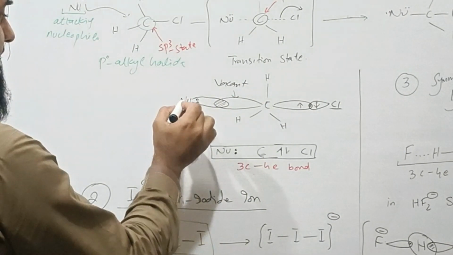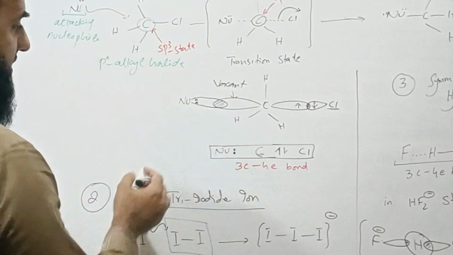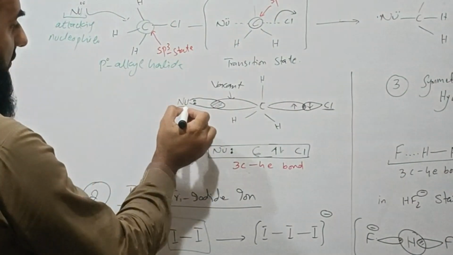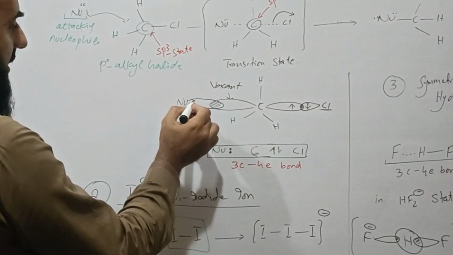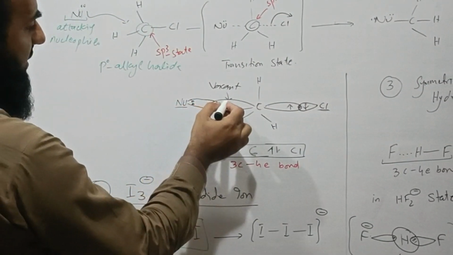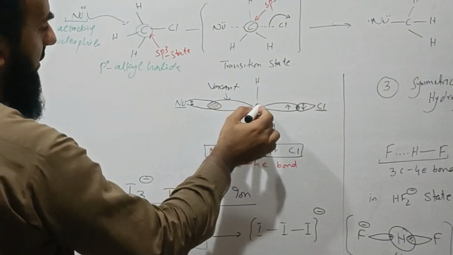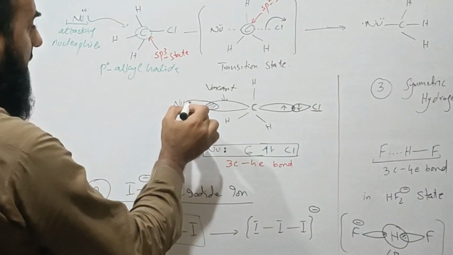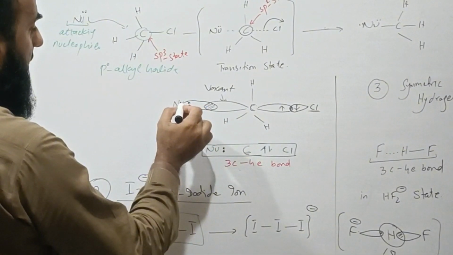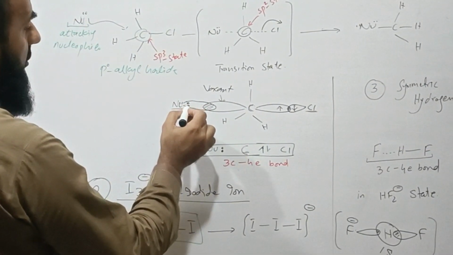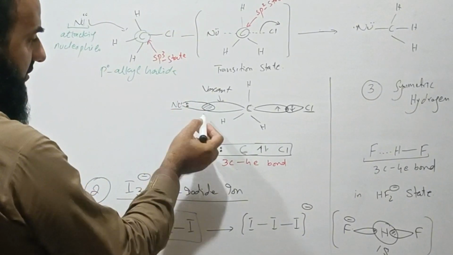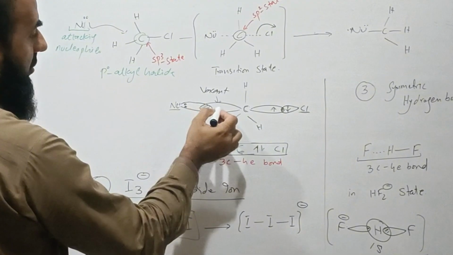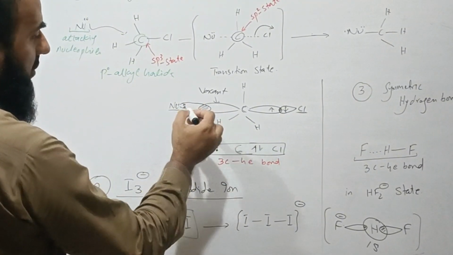But when this nucleophile approaches, the orbital of this nucleophile overlaps with the vacant orbital present on the carbon atom.